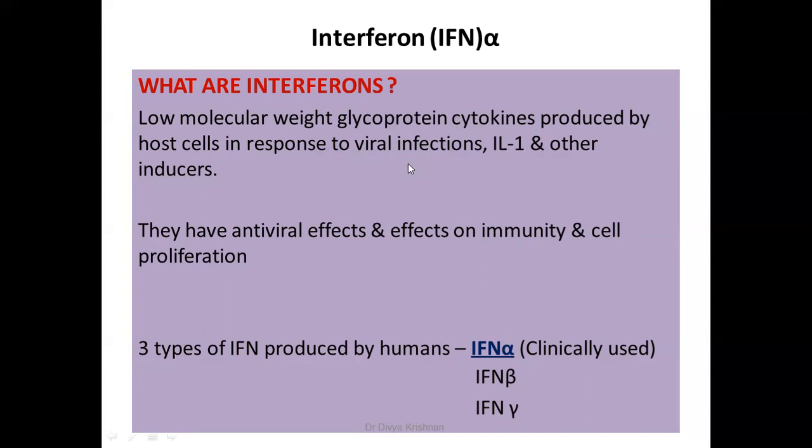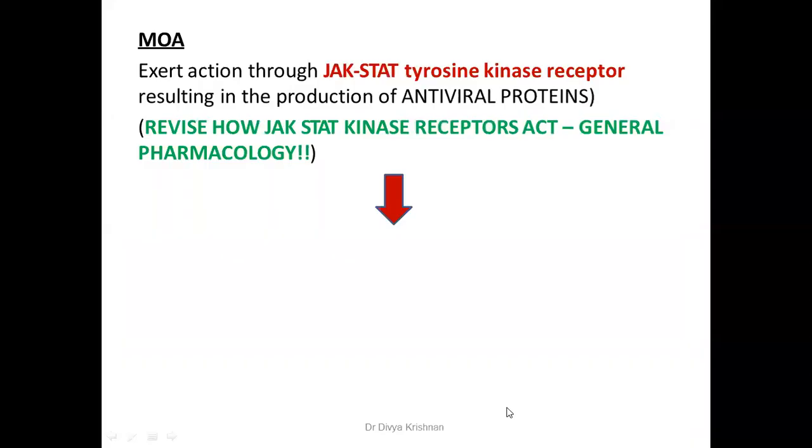These have antiviral effects, effects on immunity, and effects on cell proliferation also. There are three types of interferons produced by humans, that is alpha, beta, and gamma, of which alpha is used clinically.